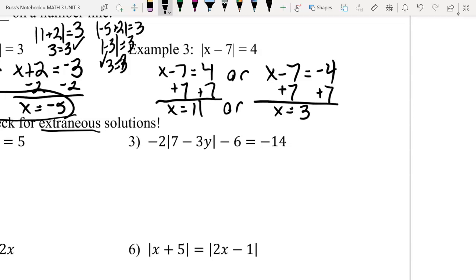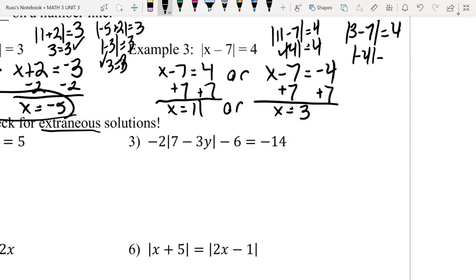Now again, I can test them. The absolute value of 11 minus 7 is the absolute value of 4, which equals 4. Yes, that's good. If I put 3 in, the absolute value of 3 minus 7 is the absolute value of negative 4, which is 4. That is true. So these two are correct.